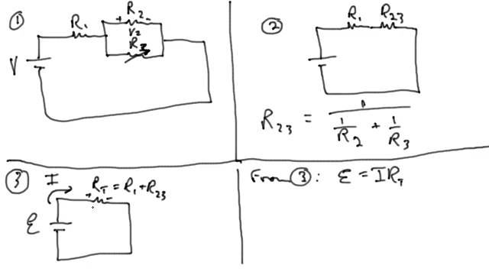So VT is just equal to script E. This is the high side, because it's in contact with the high side of the CWMF, and this is the low side, because it's in contact with the low side of the CWMF. So I is equal to script E over RT.